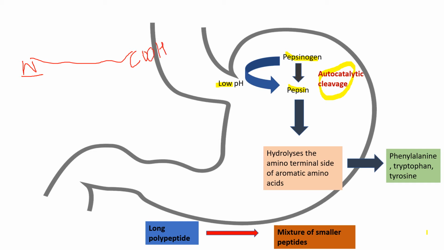So suppose here there is an aromatic amino acid, and there are three types of aromatic amino acids, that is phenylalanine, tryptophan and tyrosine. Suppose phenylalanine is there. So what does pepsin do? Pepsin goes and cleaves the amino terminal of the aromatic amino acids. As a result, suppose there was one phenylalanine in this protein, it gets cleaved into two.